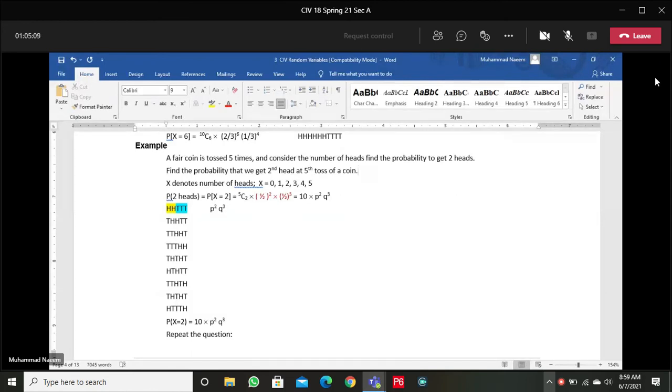This is binomial. This becomes negative binomial. What is the difference? What have you observed? Please tell me the difference.